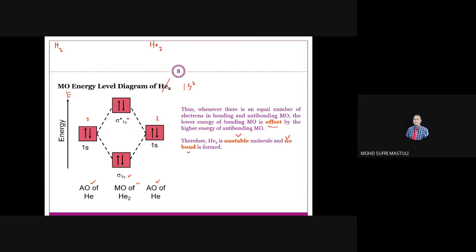So this molecule actually does not exist. Although on paper He2 seems possible, in the laboratory and experiments we couldn't form He2, because the bond order is zero, no bond. So how do you know there is no bond formed?